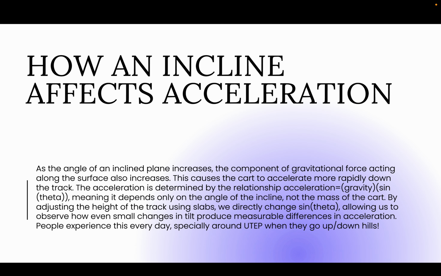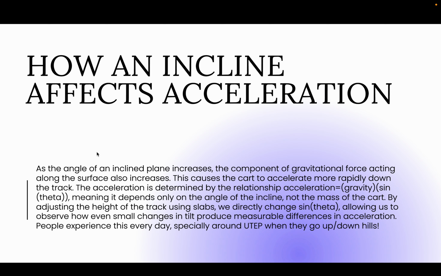Then next we have a little explanation of how an incline affects acceleration. As the angle of an inclined plane increases, the component of gravitational force acting along the surface also increases. This causes the car to accelerate more rapidly down the track.